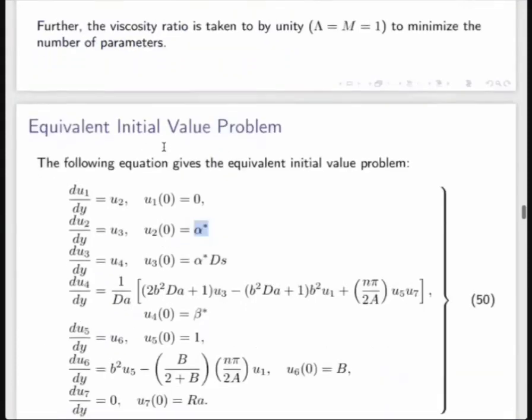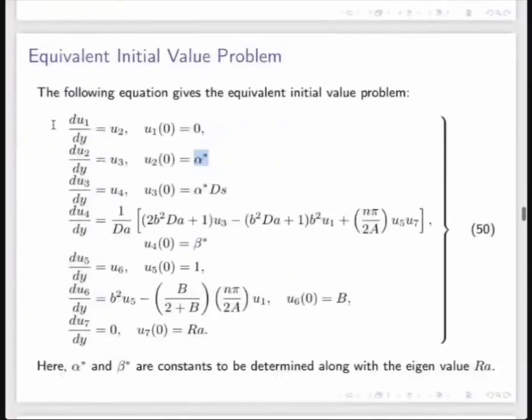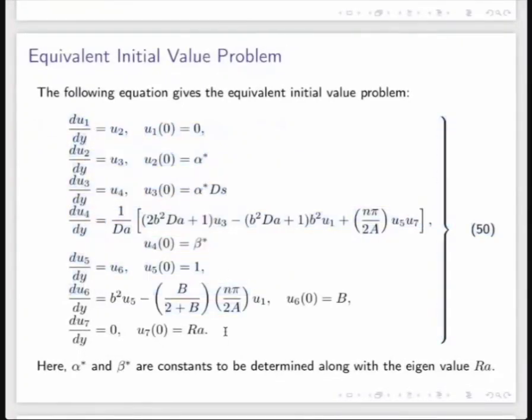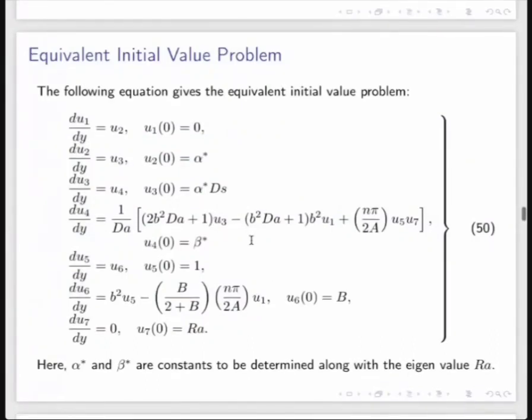So the given boundary eigenvalue problem is being converted into an initial value problem. Now, this is the suitable equation on which we can apply the differential transform to get the series solution.